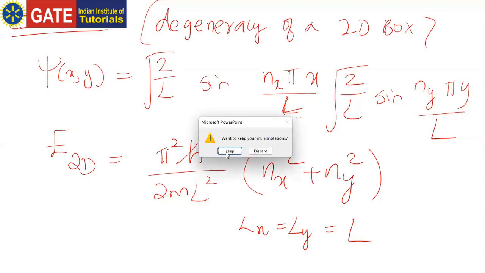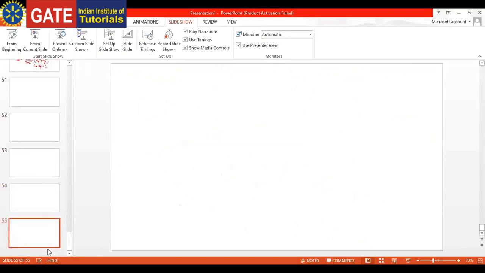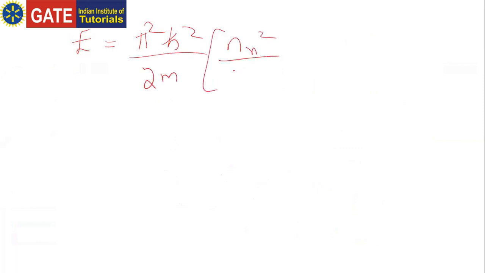See, if the Lx and Ly values are different, then you should write like this. If Lx, Ly values are different, then you should write E is equal to pi square h cross square by 2m into nx square by Lx plus ny square by Ly.